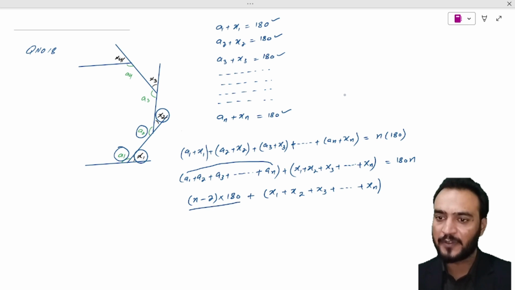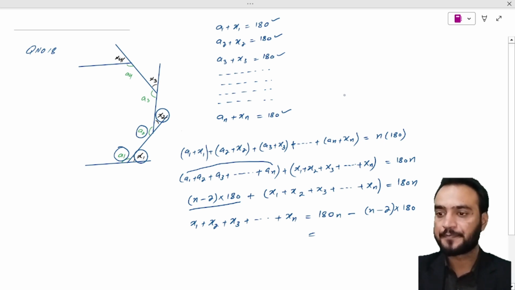We subtract this value on the right side and keep the values of x as the same. So x1 plus x2 plus x3 and so on, plus xn is equal to 180n minus n minus 2 times 180 degrees.